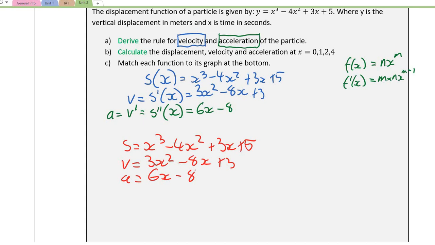You just need to realize which one's acceleration, which one's displacement, which one's velocity. So if you put displacement first, velocity second, acceleration third, you should be right. So once you got them in, just calculators on the desk.